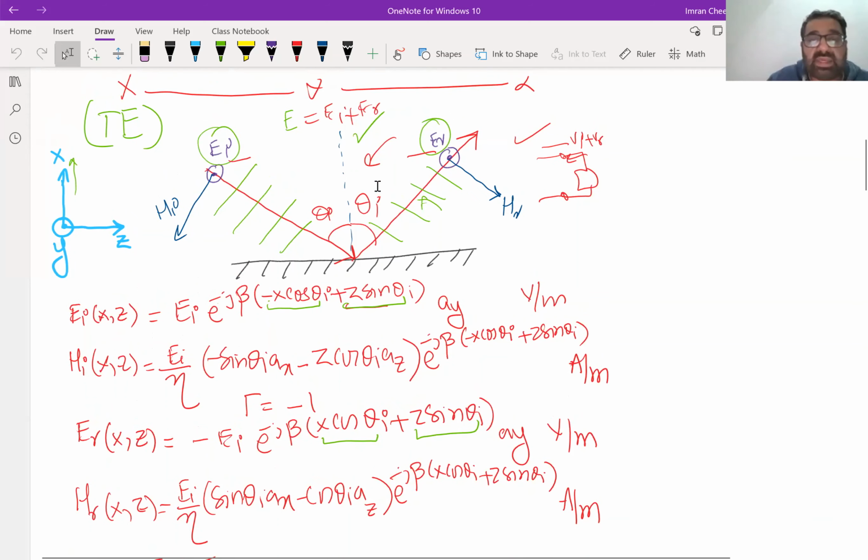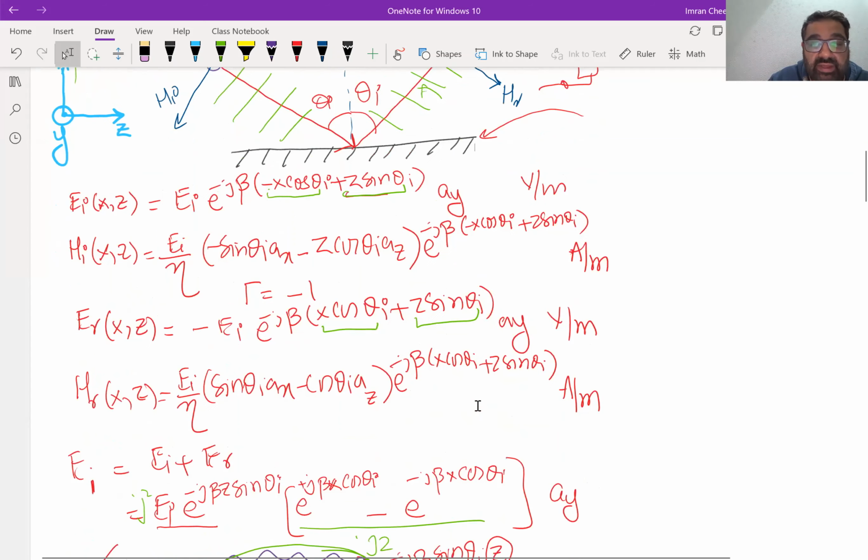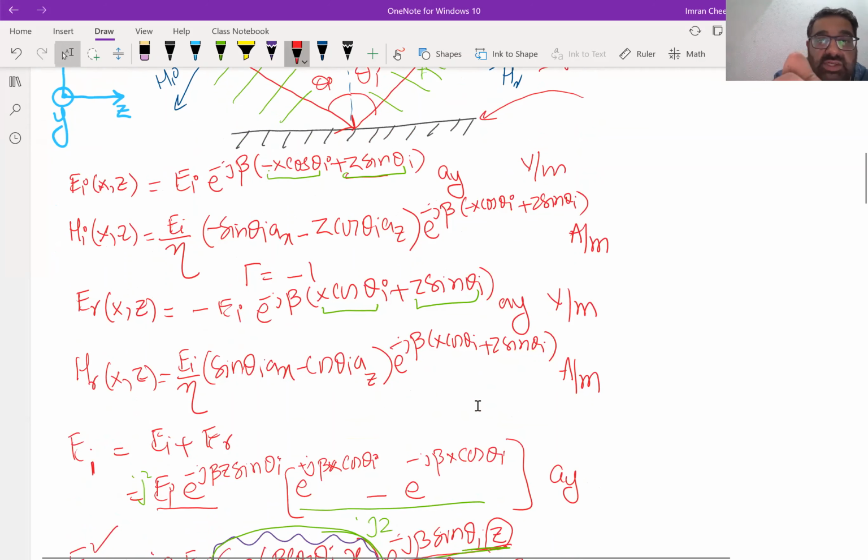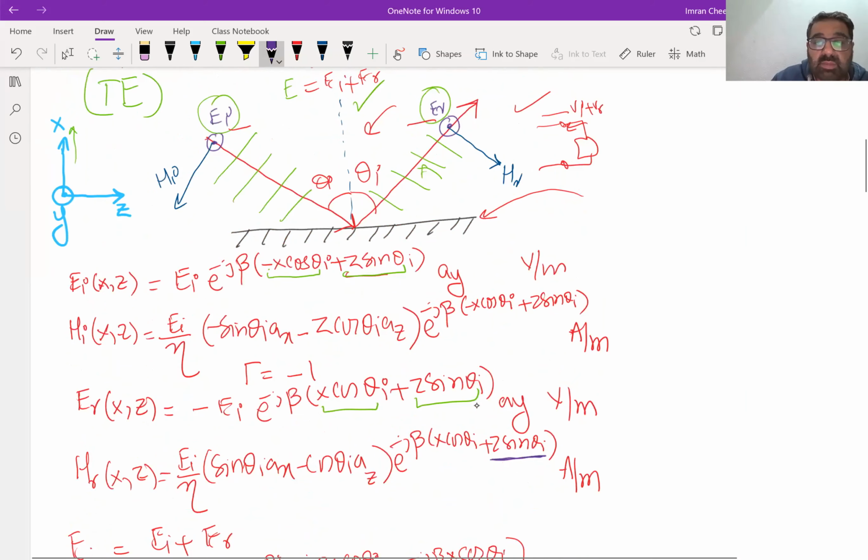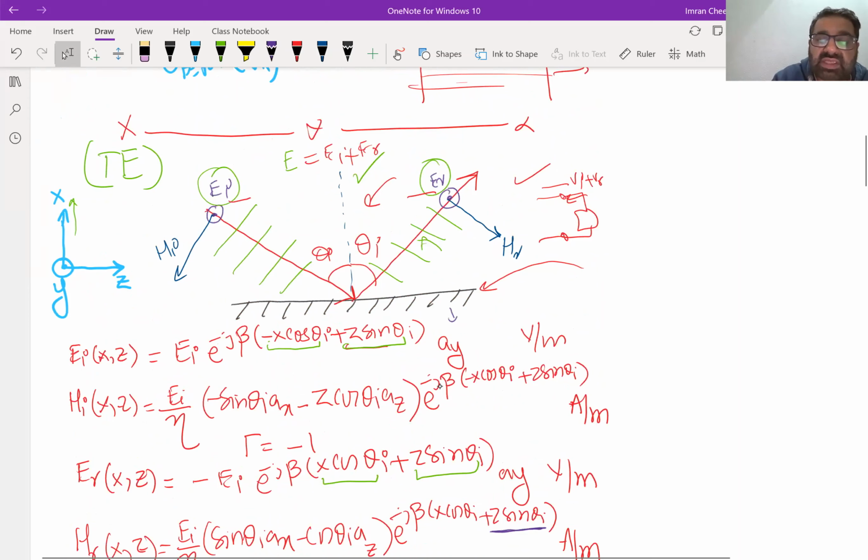Remember, we started our discussion in the last class that we have this conducting plate and there's an oblique incidence, and we wrote all these fields for the TE field. Pay special attention to this one. There is a sine theta I along the z-axis. And because this is a perfect conductor, there won't be any transmission.